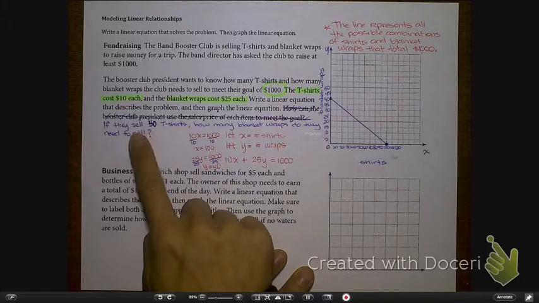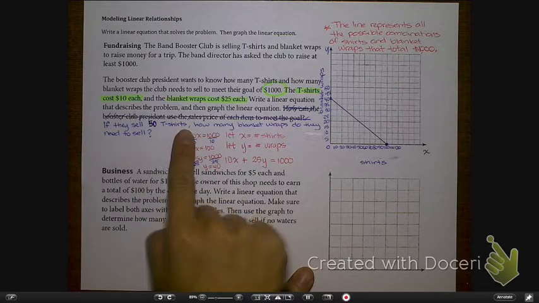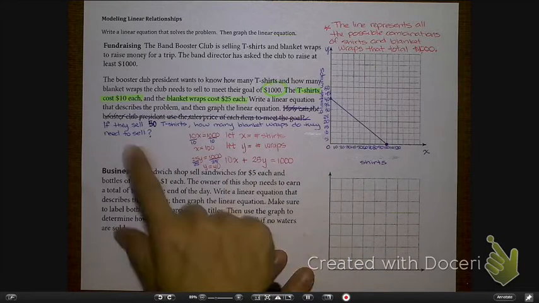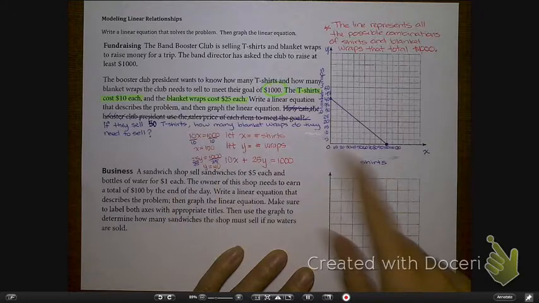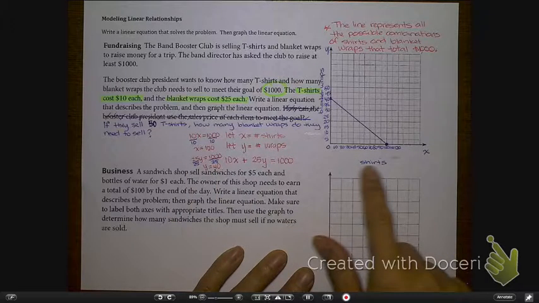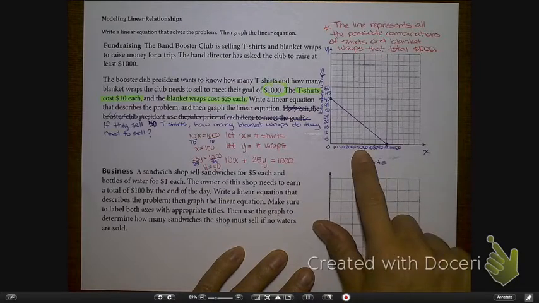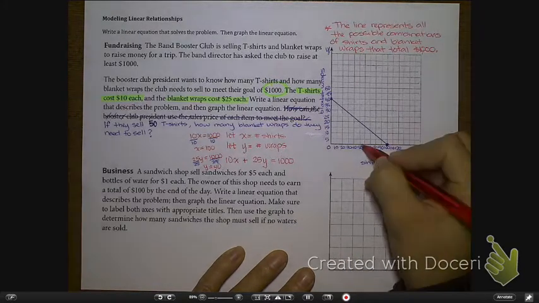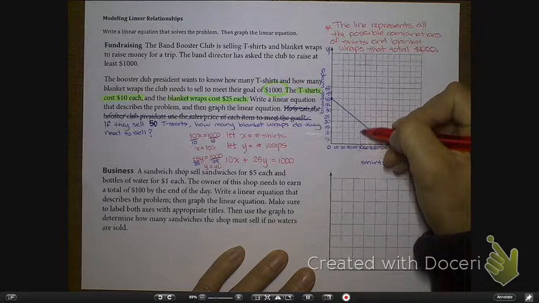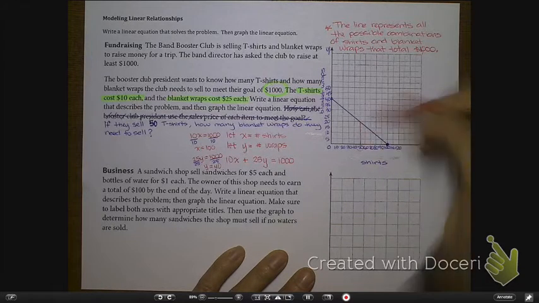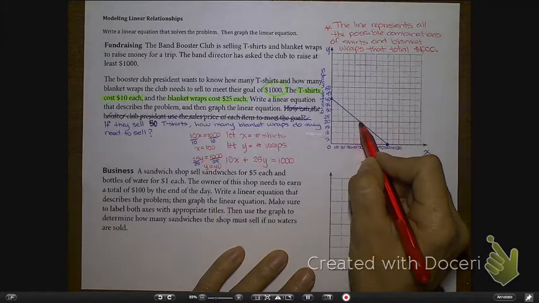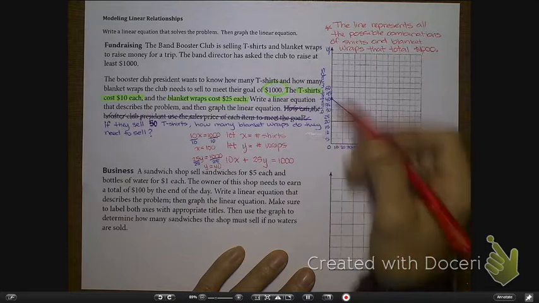So this question says, if they sell 50 t-shirts, how many blanket wraps do they need to sell? Well, let's find where 50 shirts is, because shirts is on our x-axis, right? So where is 50 shirts? Right here. And let's go up to our line and see what that corresponds with on our y-axis, because y is the number of wraps.